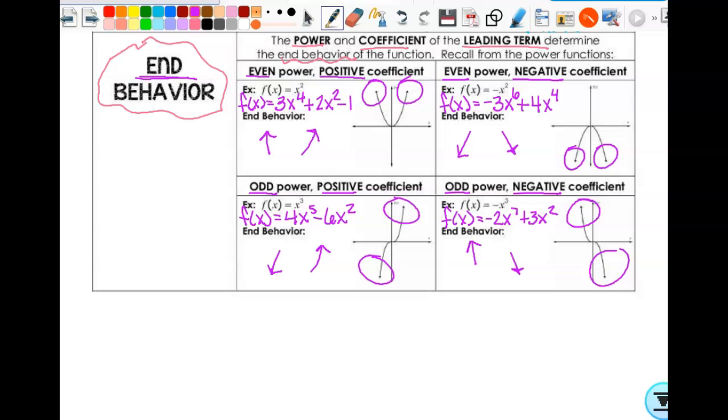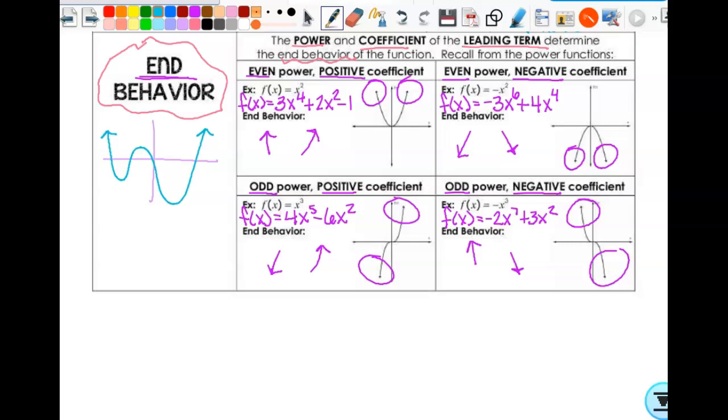All right, let's see how, oh wait, I had two more examples I want to do with you. So let's say I have this. I wouldn't expect you right now to have any clue what that equation is. But because of its end behavior, you should be able to tell me if it has an even or odd power and if the coefficient is positive or negative. So is the coefficient positive or negative?